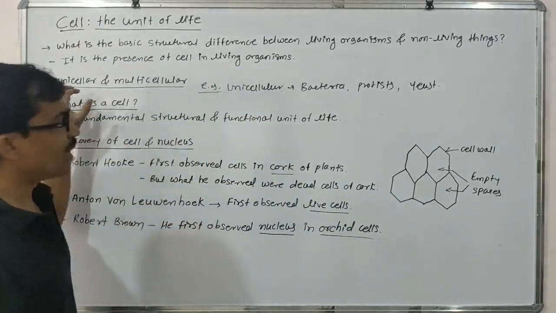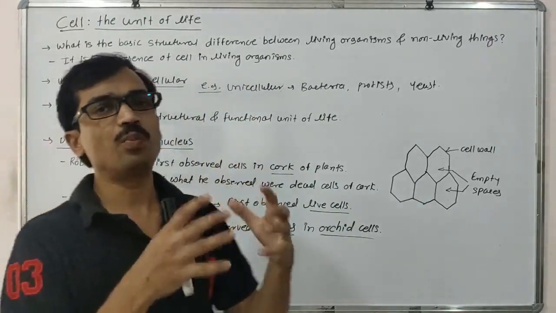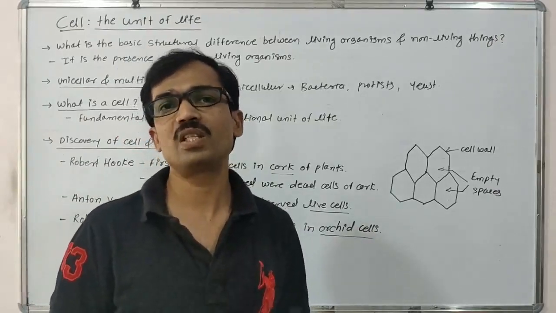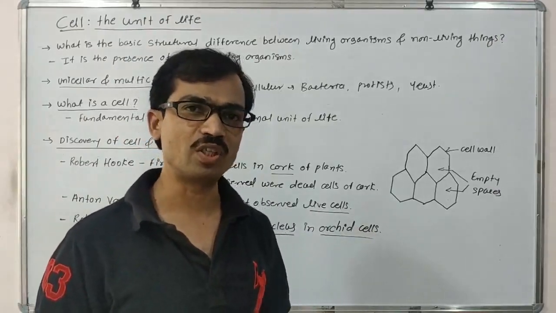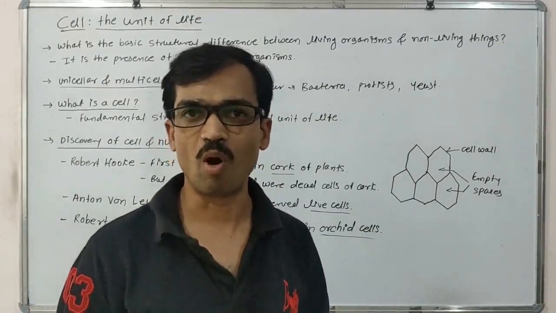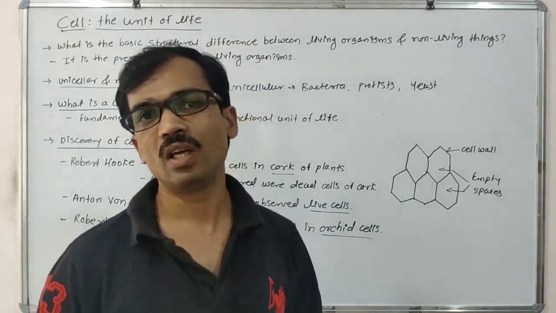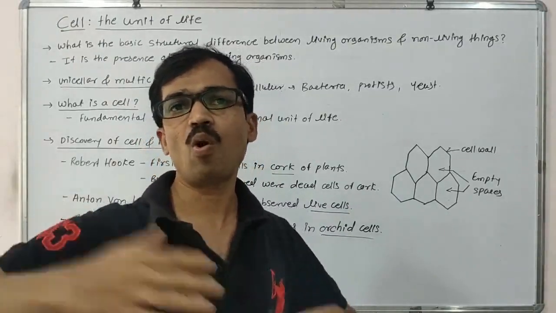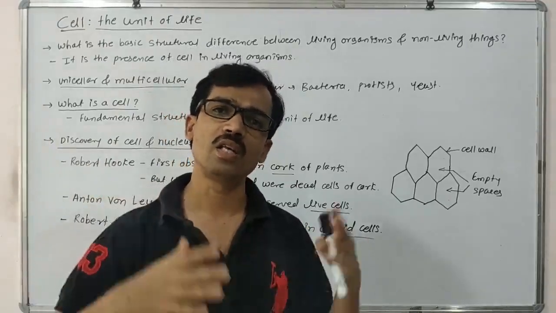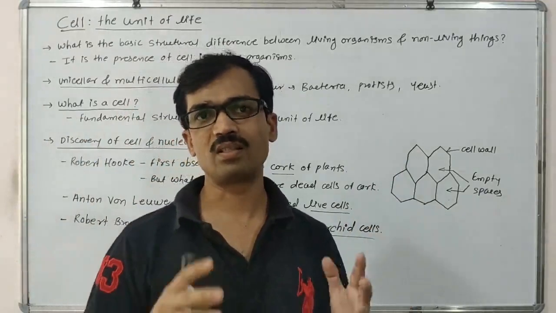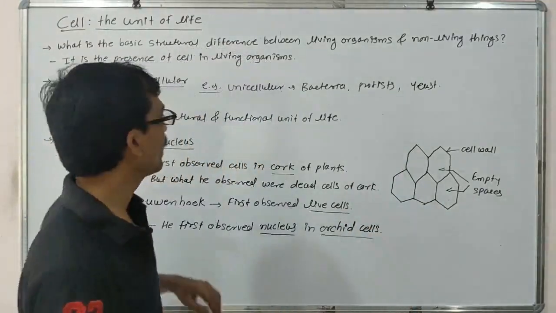In multicellular organisms, the cells group together and form tissues, and these groups of cells perform special types of functions in the tissues. Then the tissues group together and form organs, and the organs function at their individual level, but they coordinate their functions with other organs, and that is why a complete body functions as a system of organs.